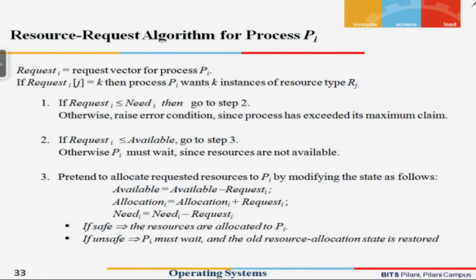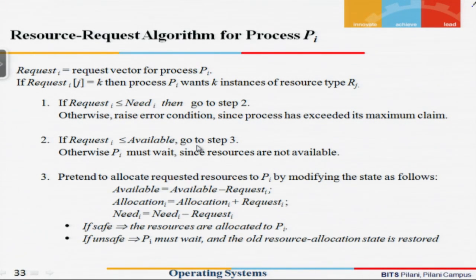We assume that it would never happen that the process request dynamically becomes greater than its need. So let's assume the request is less, then we go to step 2. Now we check whether the request is less than the availability.